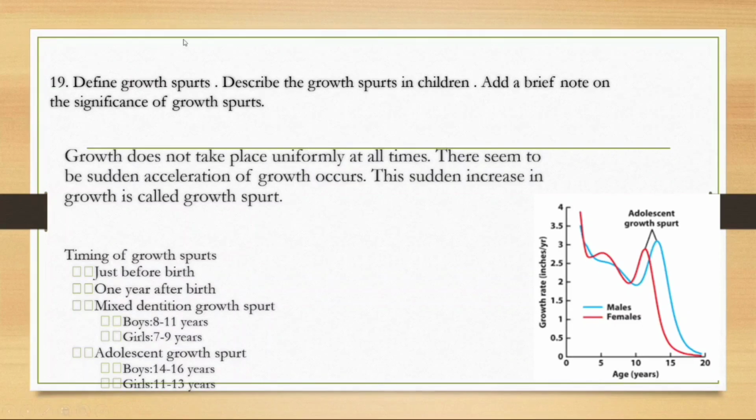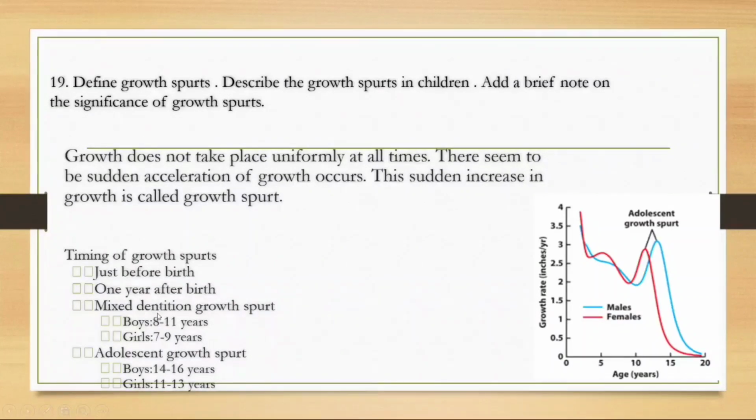So the next question is growth spurts: define and add a brief note on significance. We all know growth does not take place in a uniform manner at all times. There is a sudden spike in growth at certain age groups, that is just before birth and 1 year after birth.